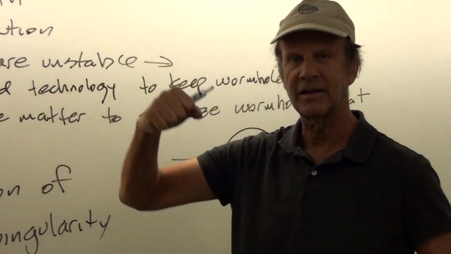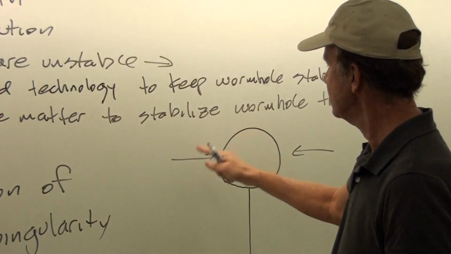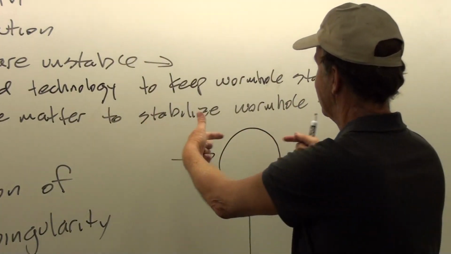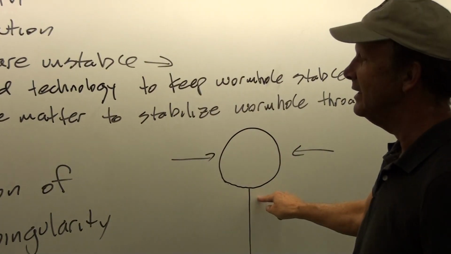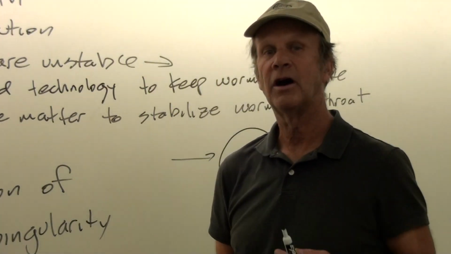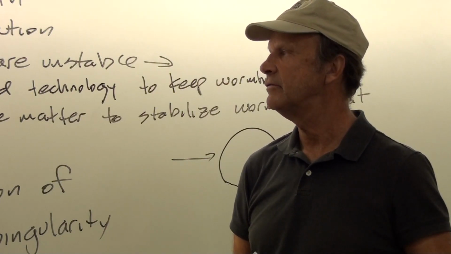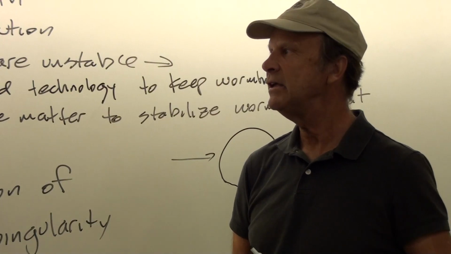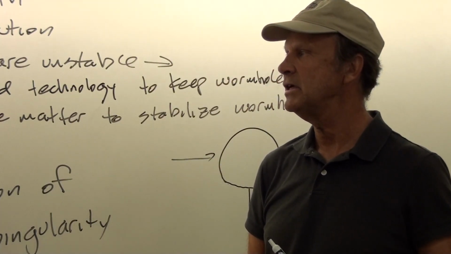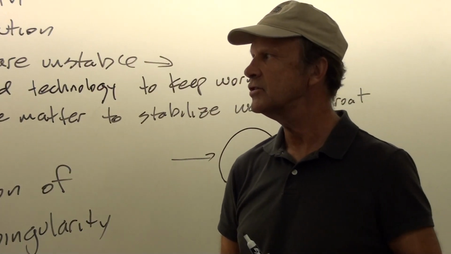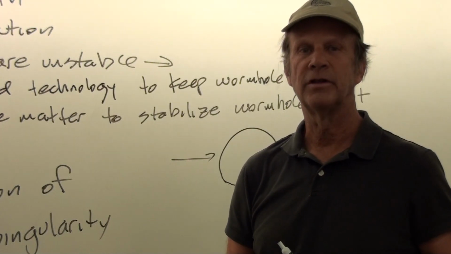And that's what that advanced technology would do, is it would just keep adjusting the curvature of the space in a similar way to the way that this bowling ball could be adjusted to maintain its stability, even though it's in a position of what we call unstable equilibrium. So this is a possibility then for the future. And even if wormholes don't work, this could be a starting point for understanding other ways that we might be able to explore the universe.